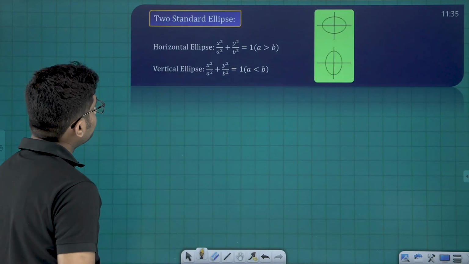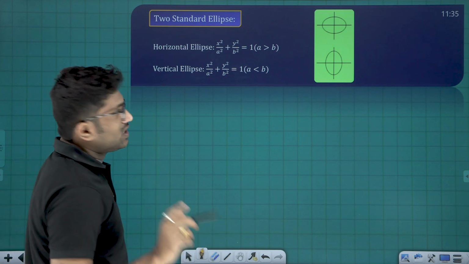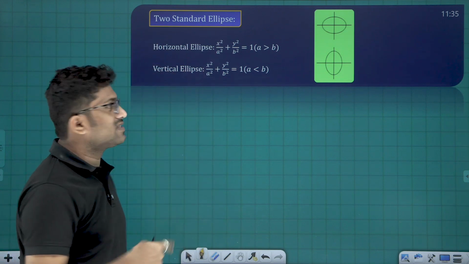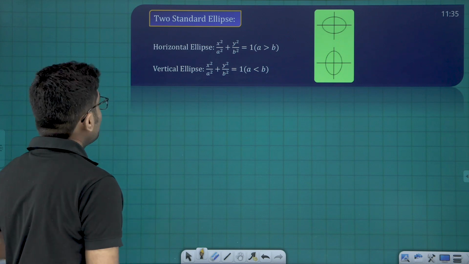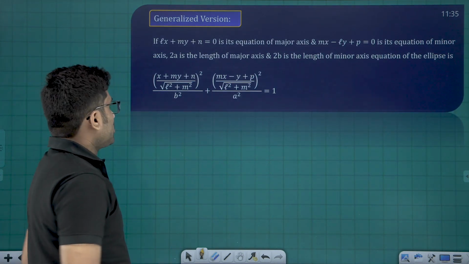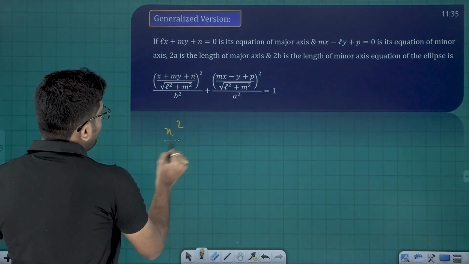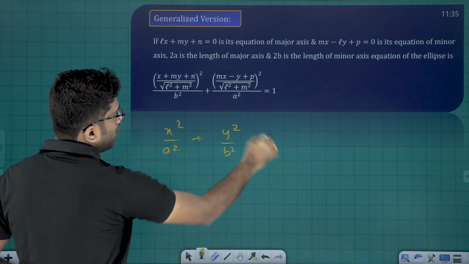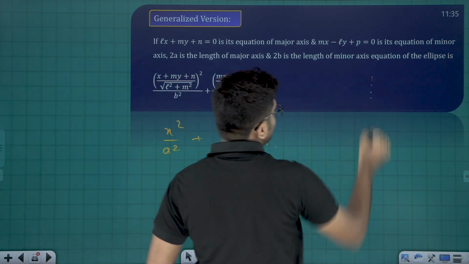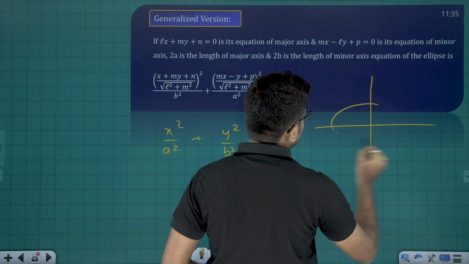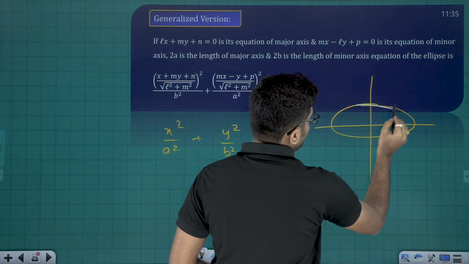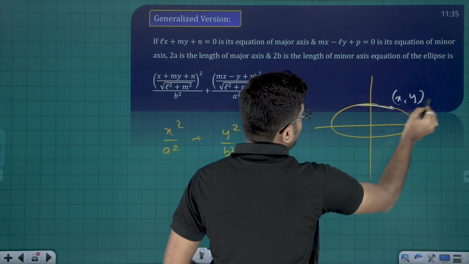Next, these are the two standard forms of the ellipse. If a is greater than b, it is a horizontal ellipse, and if a is less than b, a vertical ellipse. Generalized version: generally, we say x square by a square plus y square by b square equals 1. So for any ellipse, if I say x square by a square plus y square by b square equals 1, (x, y) is a point.